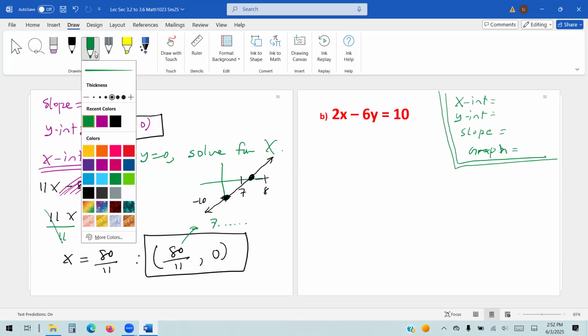Which one is bigger? You want to try now. Why?